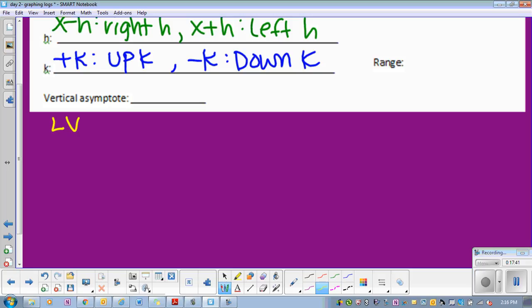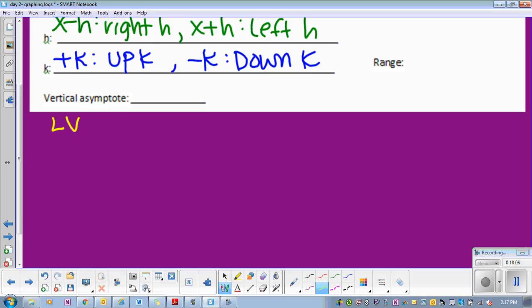If you see the letters LV, what do you think of? I mean, there's no right or wrong answer. What do you think when you see LV? You think vertical? Vertical line? Sure.